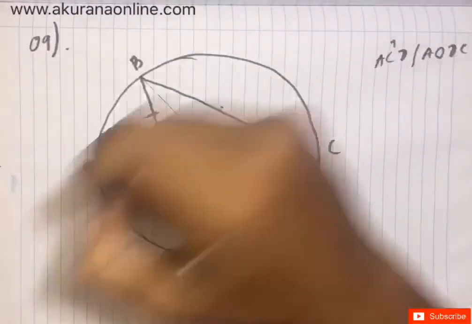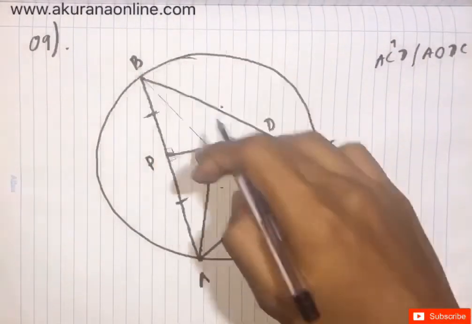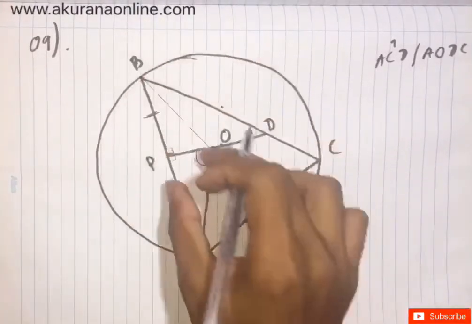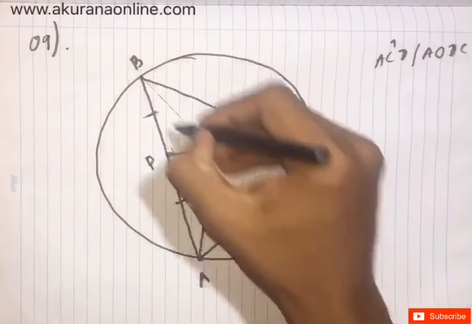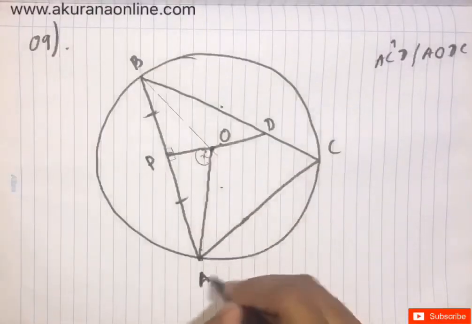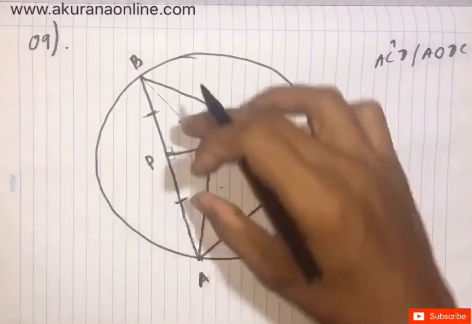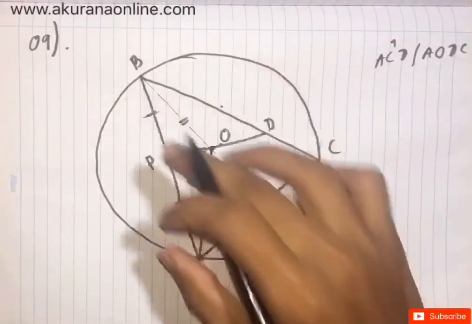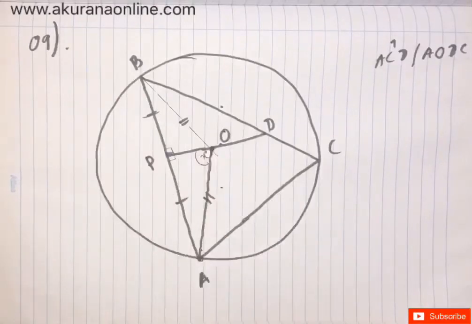When you join OB, now look at these two triangles. OB is also a radius, OA is also a radius, therefore those two are equal. These two are also equal, and this side is a common side. Using congruency, you can say they are equal.